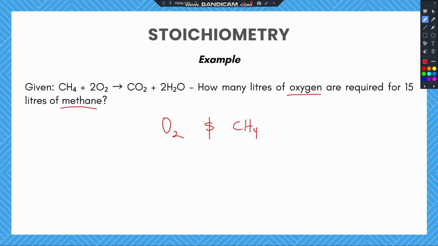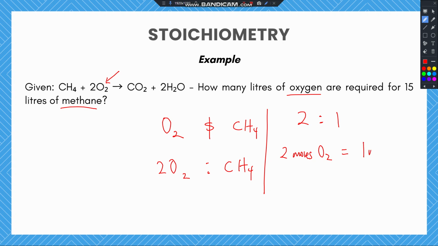From the chemical equation, you can see O2 over here. We have 2O2 and we have methane just standing alone, CH4. So the mole ratio becomes 2:1. The meaning of that is 2 moles of oxygen reacts with 1 mole of CH4.